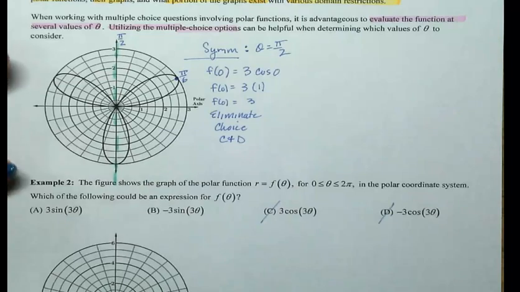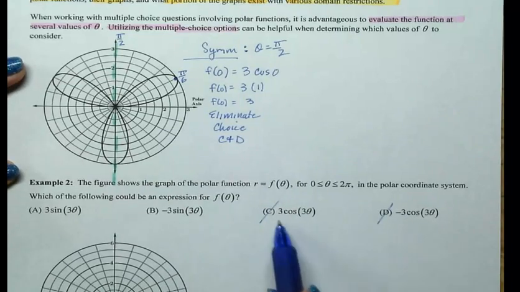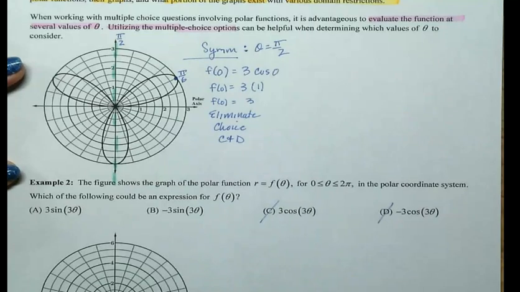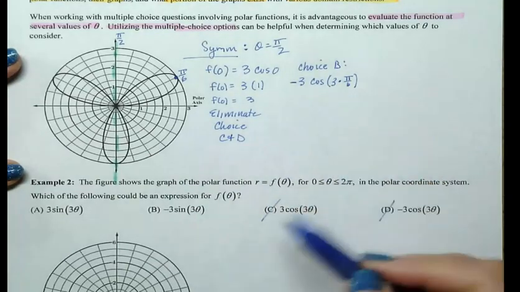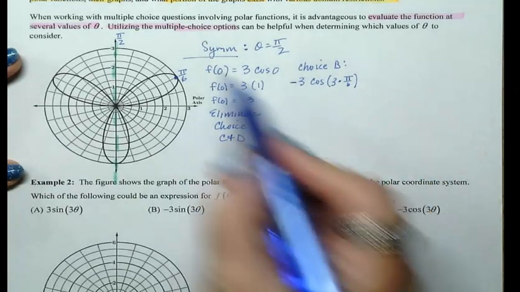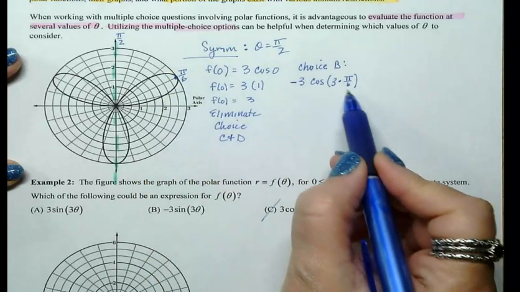I'm going to go ahead and see if I can eliminate B. I've already got D and C, so I'm going to try to eliminate B. What I'm going to do here is pick an angle to plug in and see what I get. So let's look at B and see what we can plug in. Okay, so here's my choice B. I'm picking the angle pi over 6, so I replace theta with pi over 6.